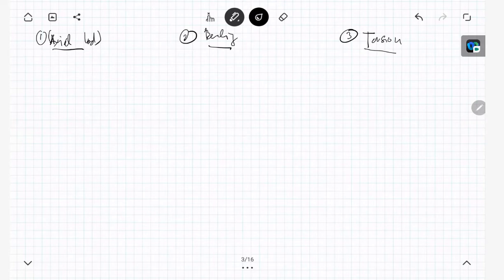So for the axial loads, we are supposed to determine the alternating stress caused by axial loads, which is sigma alternating caused by axial. Then we have to determine the mean caused by axial.